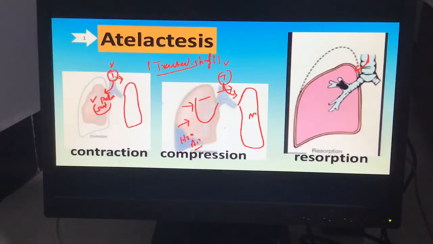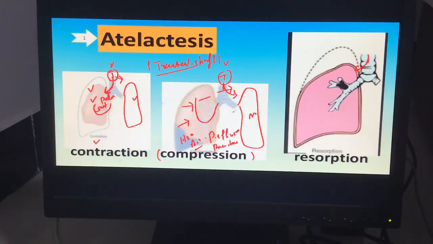In this case, it's a diseased lung, it's a normal lung. The trachea moves to the diseased lung. Okay, it's a contraction collapse. And now here the trachea moves toward the normal lung. It's a compression collapse. So compression collapse due to pleural effusion, and compression collapse due to pneumothorax.